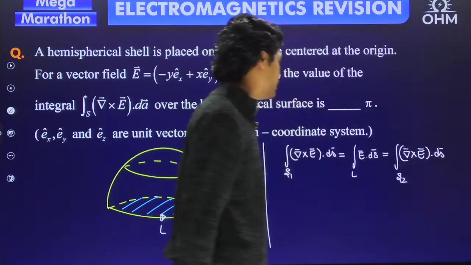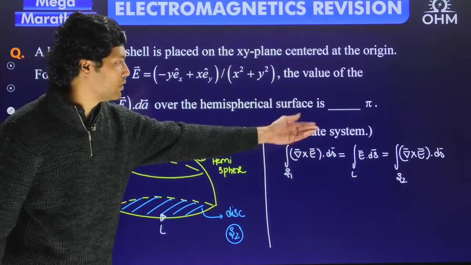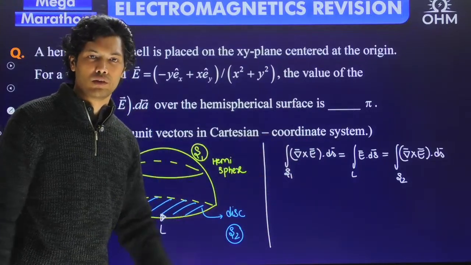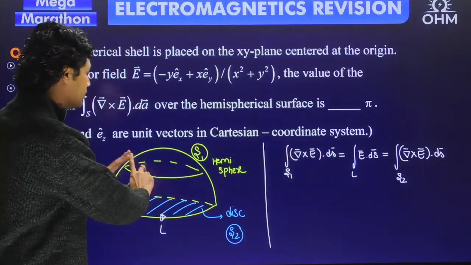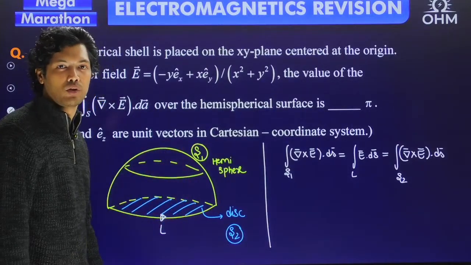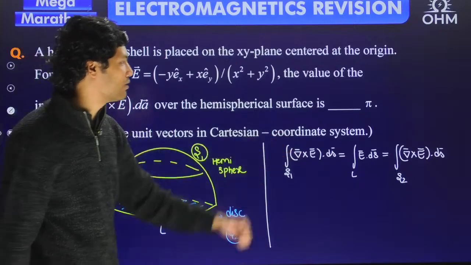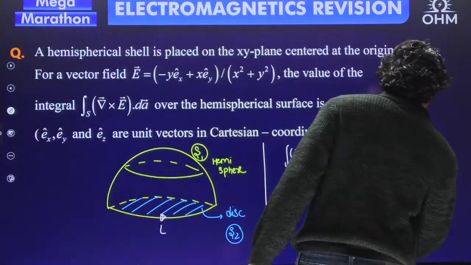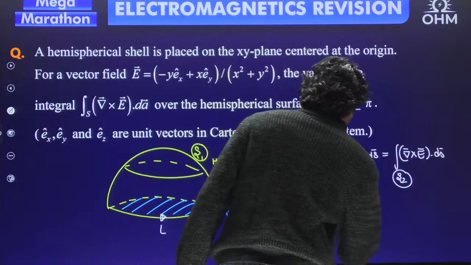So over the surface S1 or over the surface S2, it will give you the same answer. But using the hemispherical surface for calculation will take a lot of time, so you can nicely go for the surface S2. So this part is also Stokes theorem.